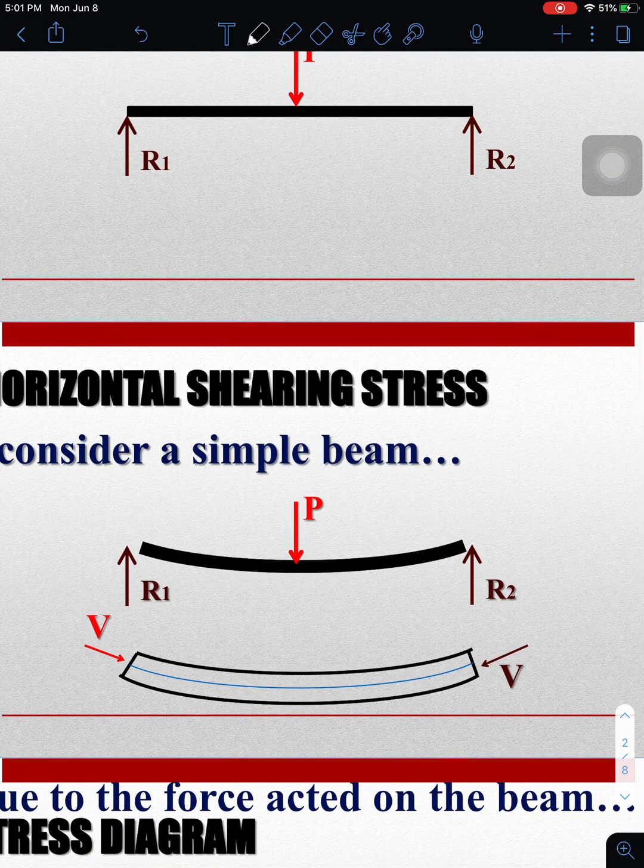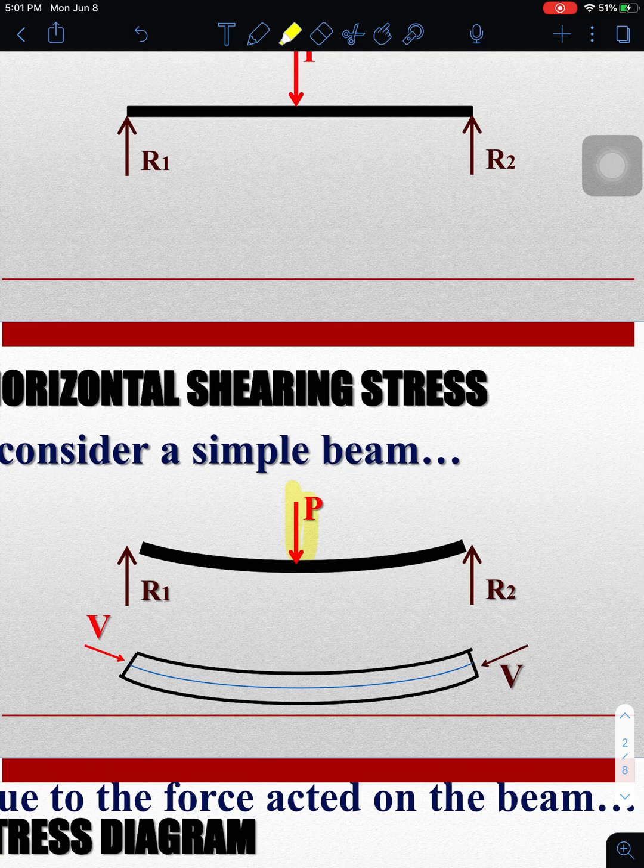After the application of the P force, the tendency of each bond of the particles of the material is that it loses its contact.